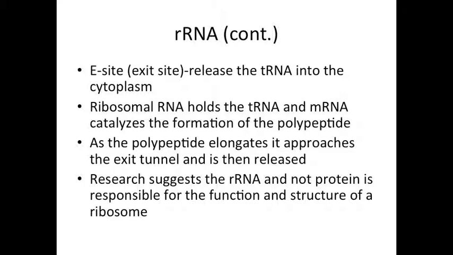As the polypeptide elongates inside the ribosome, it approaches the exit tunnel and is then released into the cytoplasm. Research suggests that rRNA, and not protein, is responsible for the function and structure of a ribosome. Therefore, rRNA is crucial in translation.